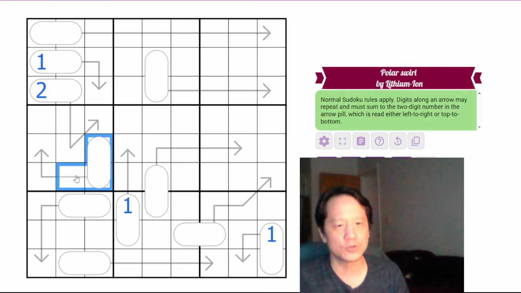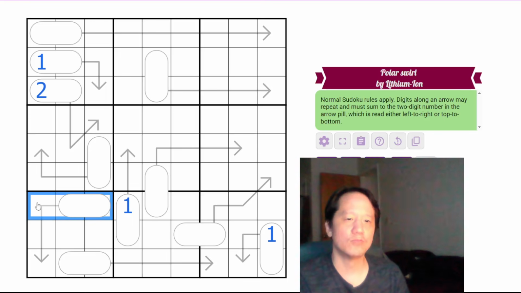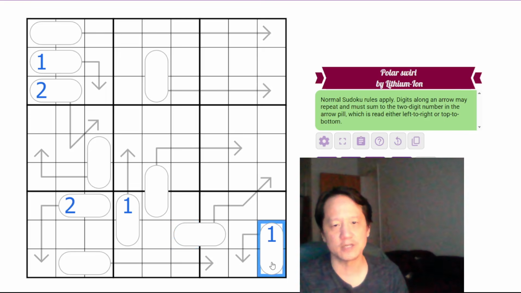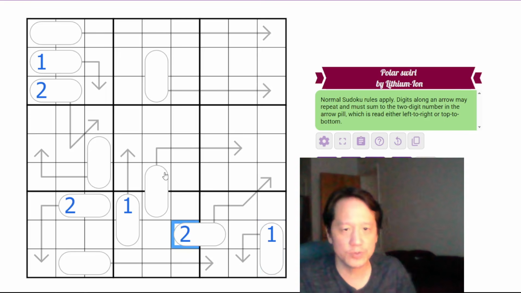We're not sure which. This cannot be 1 because of 1 in the row, so this must have a 2. 1 cannot be here. This is the sum of 3 digits, so this cannot be 1, so this is 2.